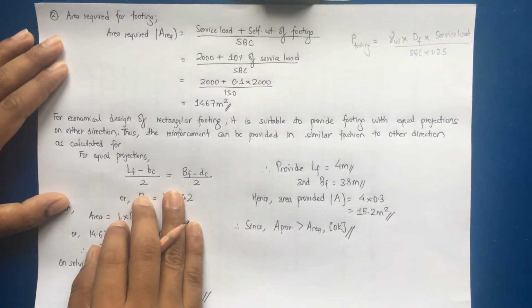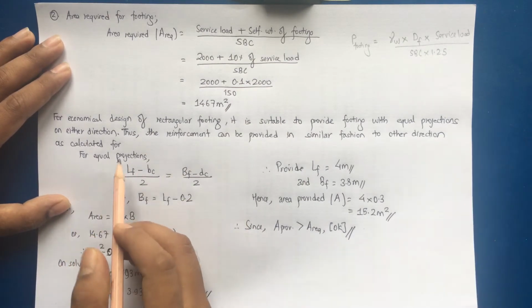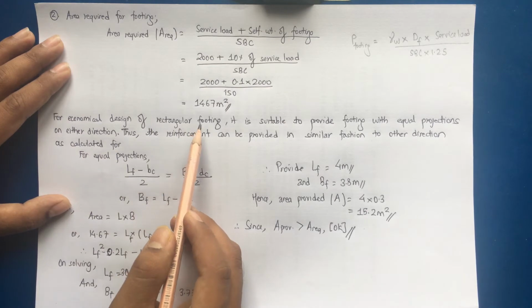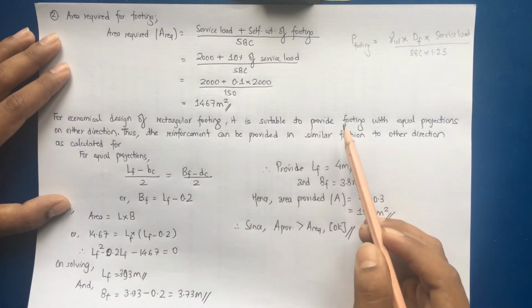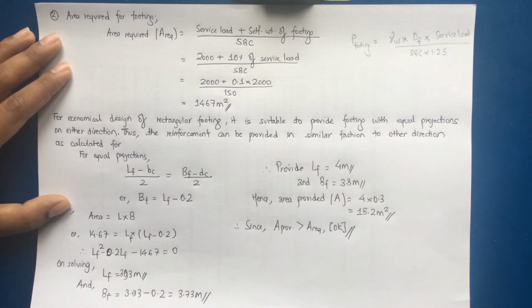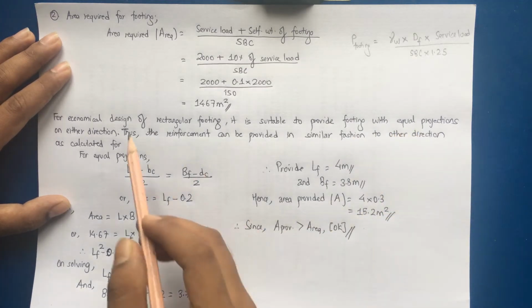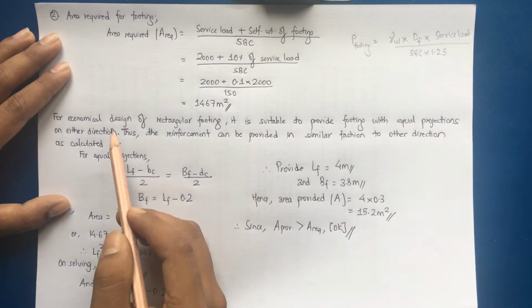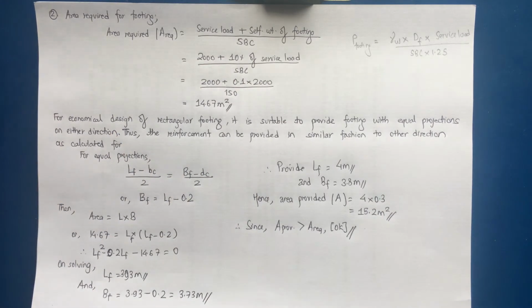As I have said, for the approach that we are following to design the rectangular footing, which is for the economical design of the rectangular footing, it is suitable to provide footing with equal projections in either direction. Thus the reinforcement can be provided in a similar fashion in the other direction as well. That means as we are providing equal projection on either side, the moment on both sides will be similar or nearly equal to each other, and hence the reinforcement can be provided in a similar fashion and it will be much more economical to design as well.